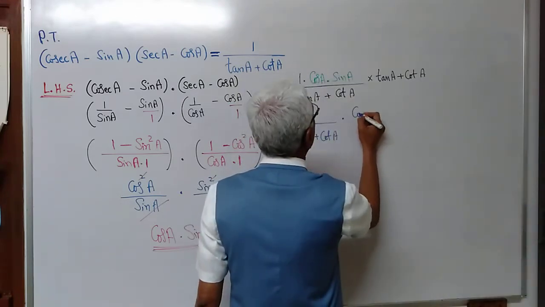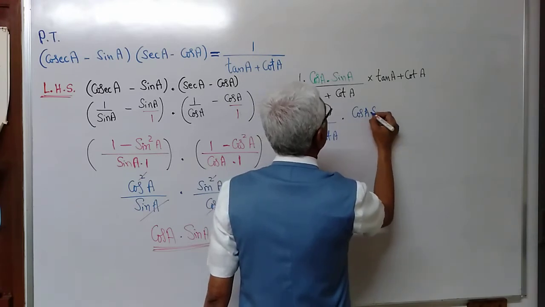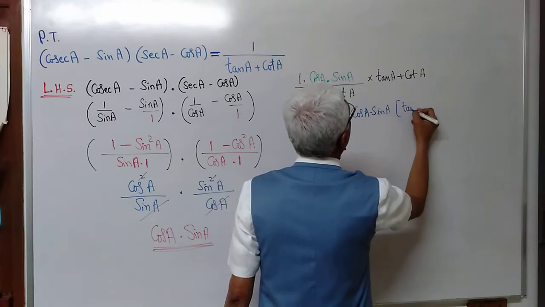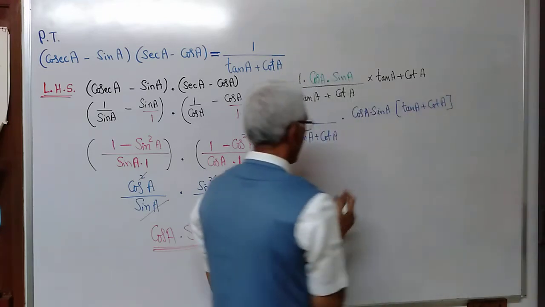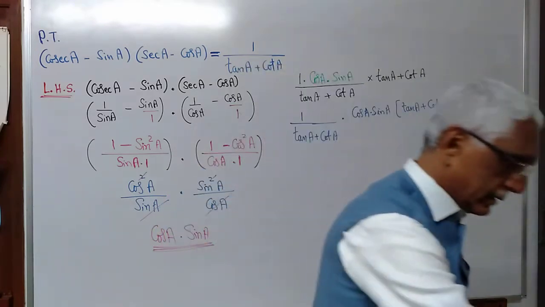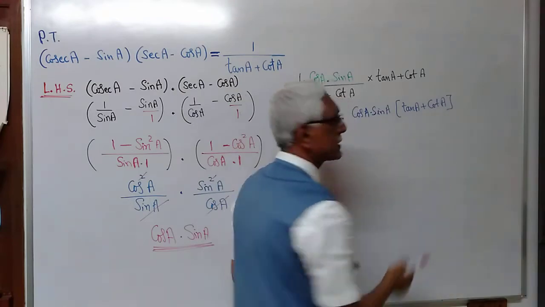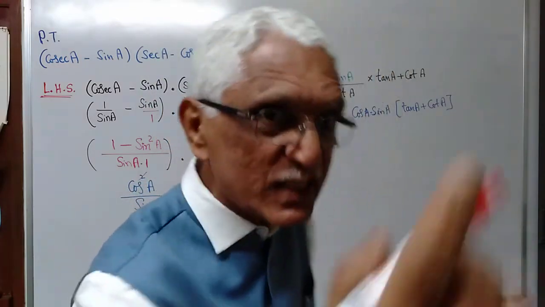Into cos A, correct? Into sin A into tan A plus cot A. Correct? See now, my dear children, you wanted only this as the answer on the right hand side. You have got something extra. Proceed and see what will happen to that something extra.